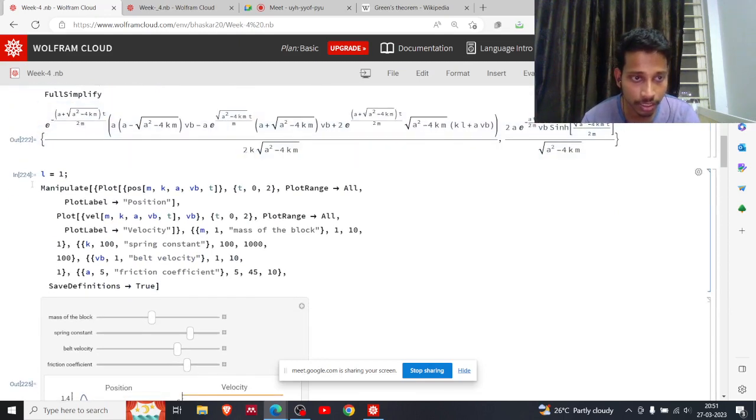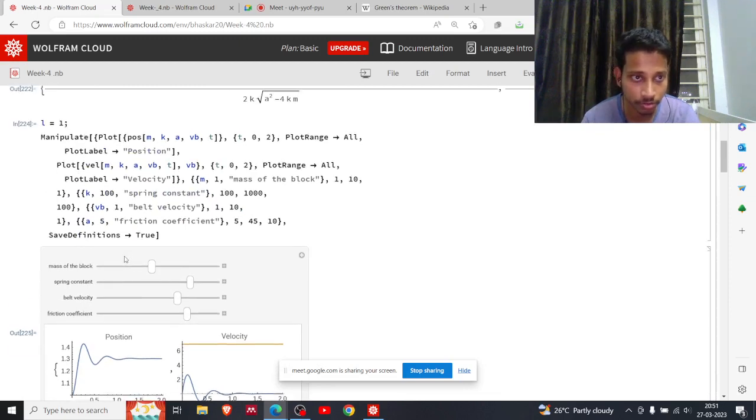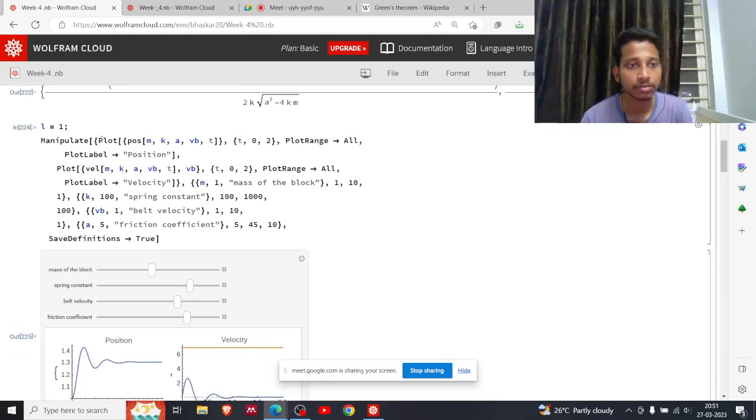After that we are using Manipulate to see the effect of mass of the block, spring constant, belt velocity, friction coefficient. So here we have plotted the position with time t from 0 to 2 and velocity with the range of time from 0 to 2.